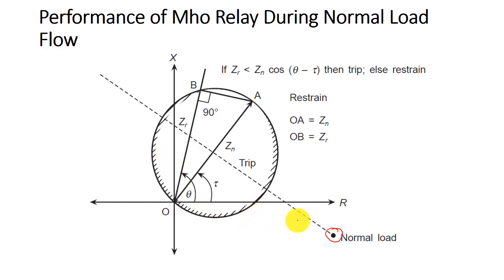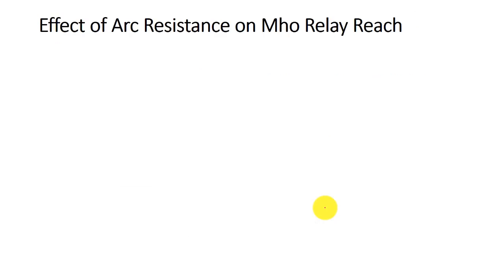Therefore under normal operating condition, the operating point will lie outside the trip region, in the restraining region. Therefore there is no chance of maloperation of the relay during normal load condition. In case of reactance relay, there is always a chance of maloperation during normal load condition, but here the case is different.